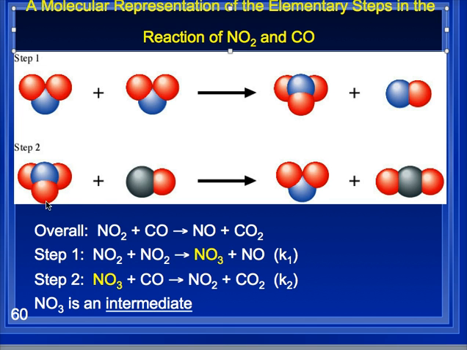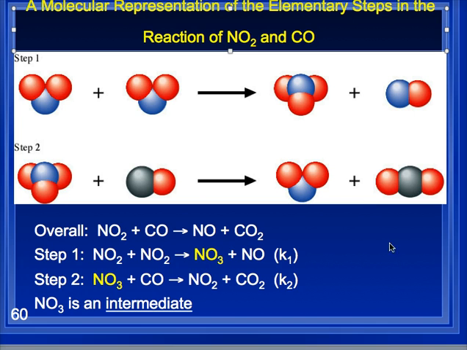And remember, this is not the nitrate ion. These are molecules, a little different than what you're used to, combining with carbon monoxide to form NO2 and CO2. These are the two steps that have been proposed for this particular reaction.